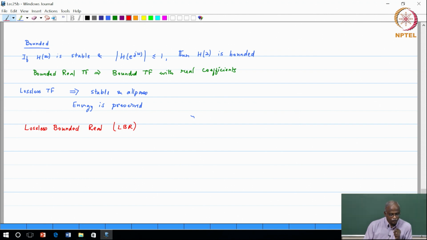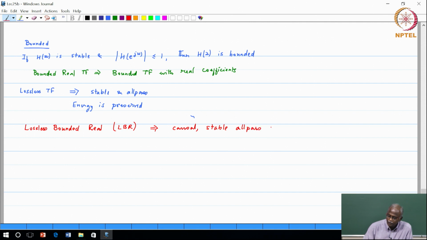So if it is lossless and all pass, it has to be less than or equal to 1 on the unit circle, but it has real coefficients as well. So basically this would point to a causal stable all pass with real coefficients.